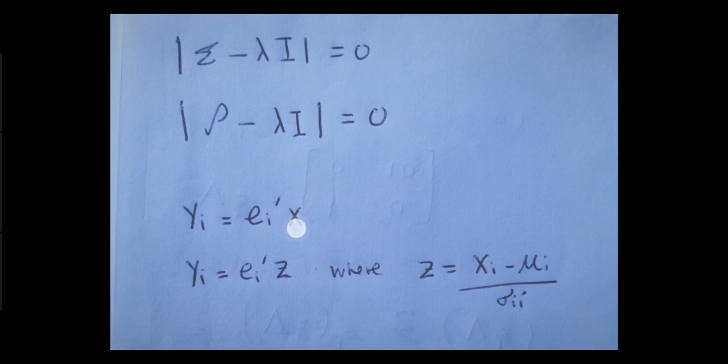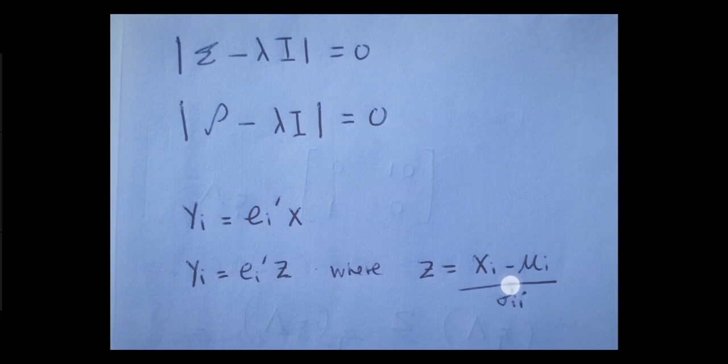Okay, this one is the formula to get the principal components when we have x variables and the matrix of big sigma, and we will use this formula to find the principal components obtained from the standardized variables, where we also have the matrix of rho.